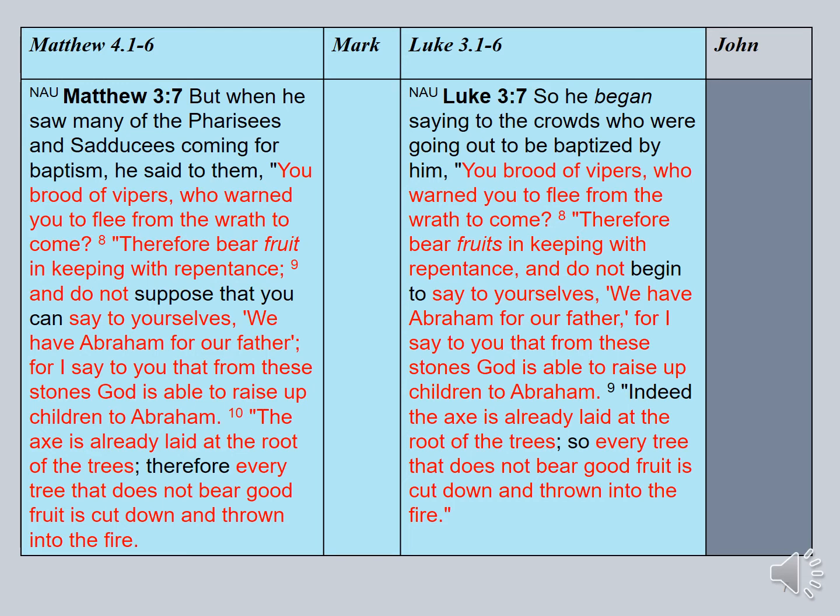Also, we have to note that in Greek, word order is not as important as in English. If I say, the dog bit the cat, that's very different from saying the cat bit the dog. But in Greek, it wouldn't matter what order you put those words, because the subject would have a certain ending and the object would have a certain ending, so that you would know which was the subject and which was the object.